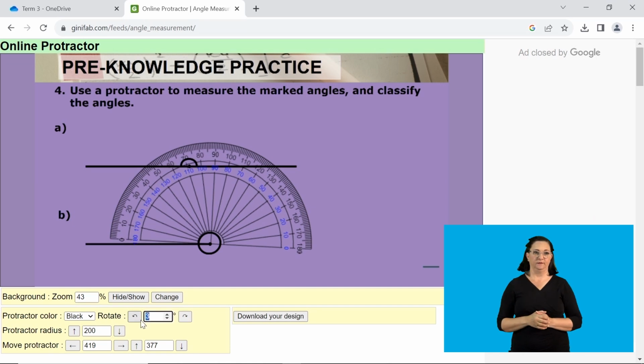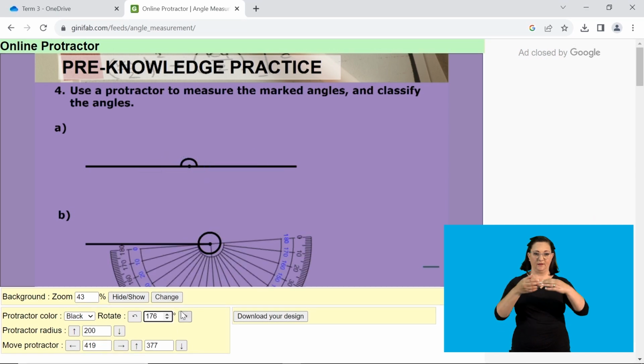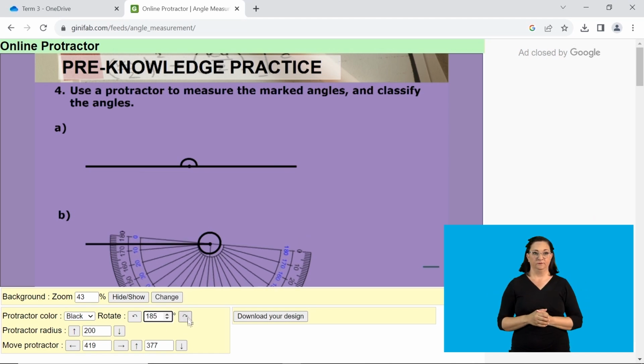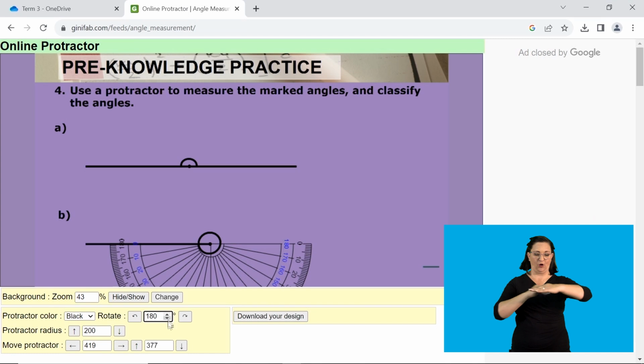Let's tilt it 180 degrees. There we are, 180 degrees. So our ruler turns according to the degrees we want it to turn. And I think we've moved too much. There. So 180 degrees plus 180 gives us 360.